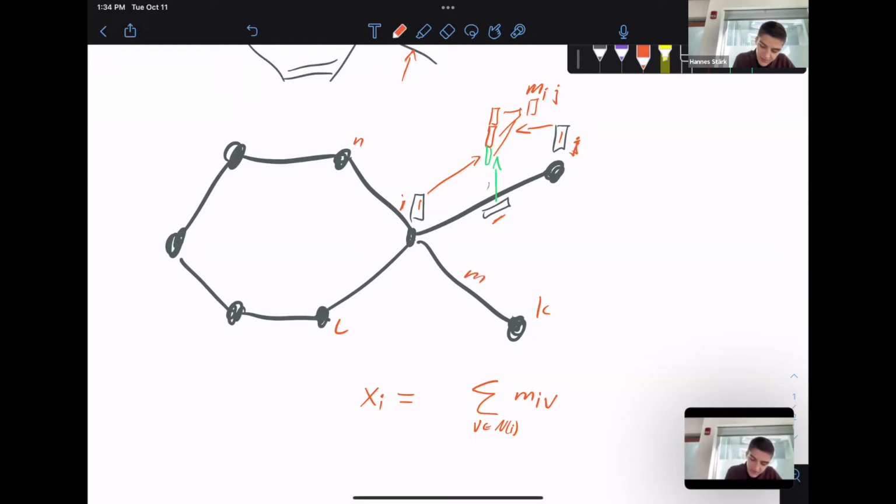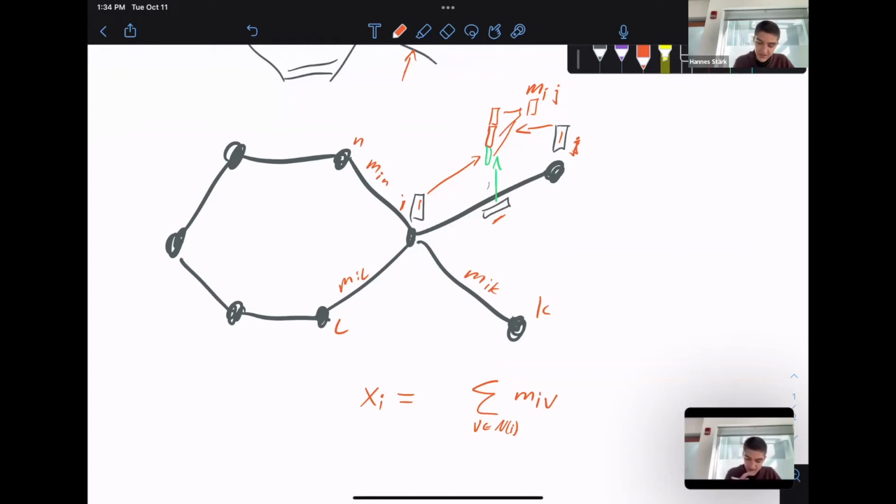Here we have the message MIK, the message MIL, the message MNI, or the other way around, MIN.